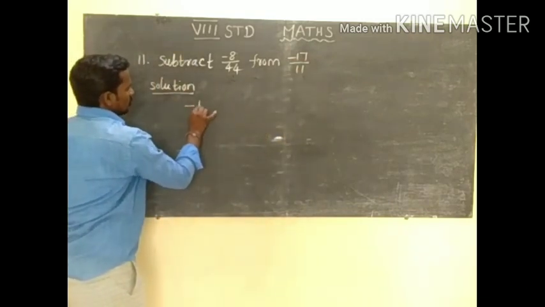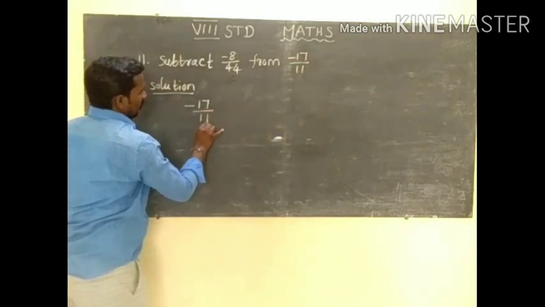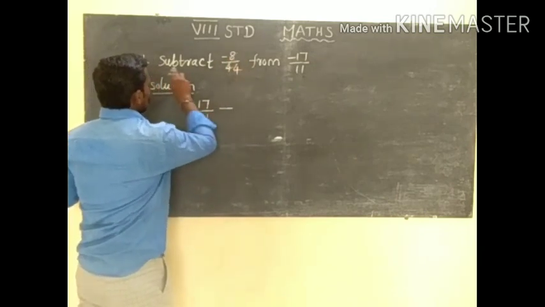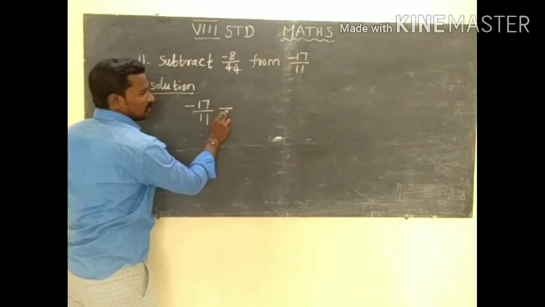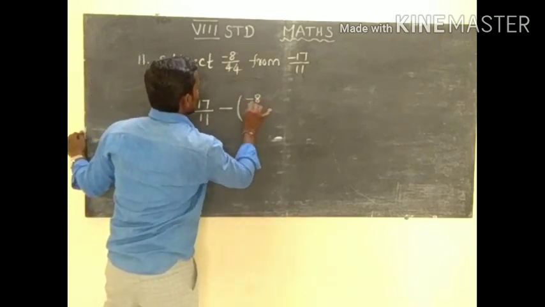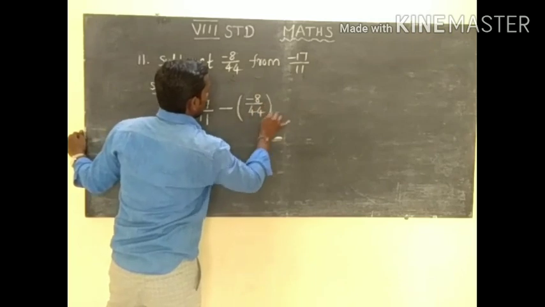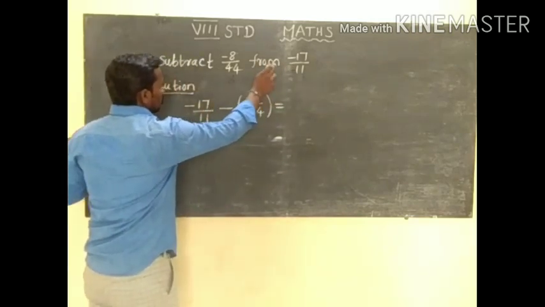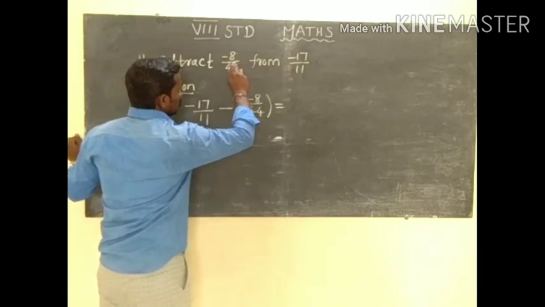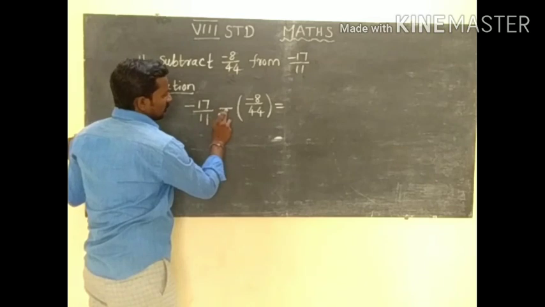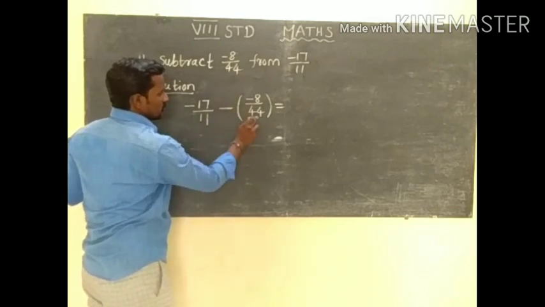So minus 17 by 11, minus the number being subtracted, minus 8 by 44. Have you understood this one? This number is subtracted from this number. So this is written first, and the subtraction makes the minus symbol.